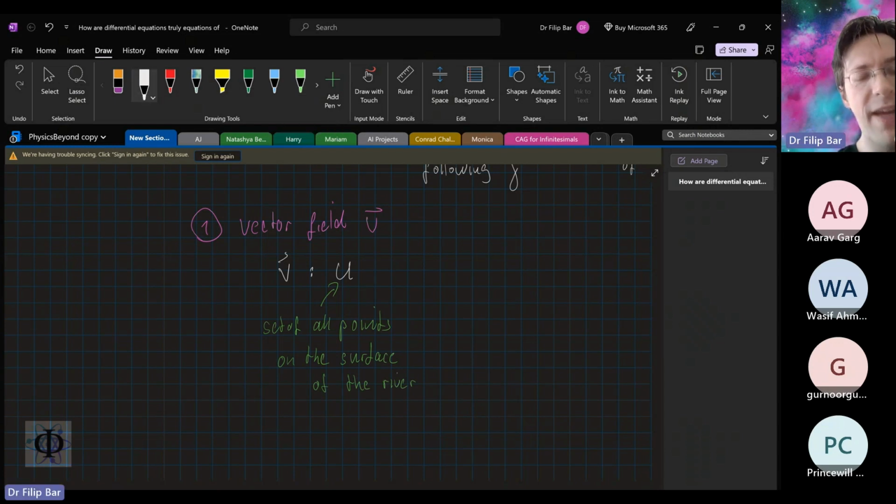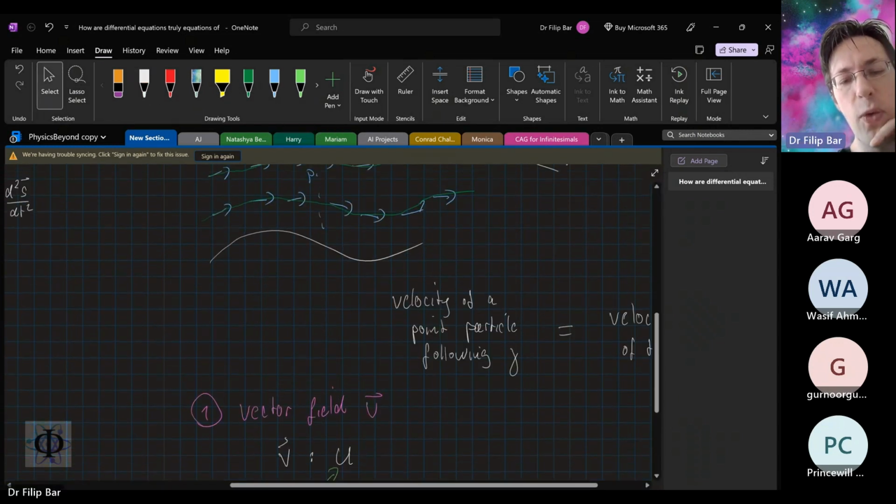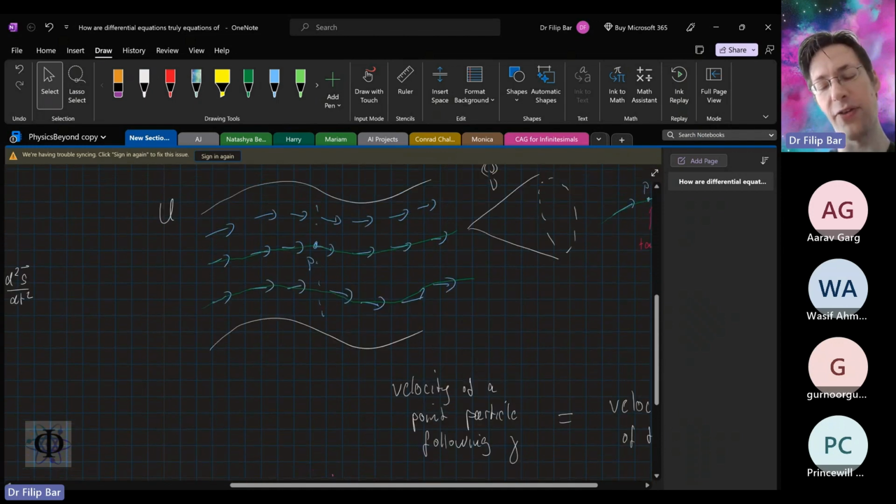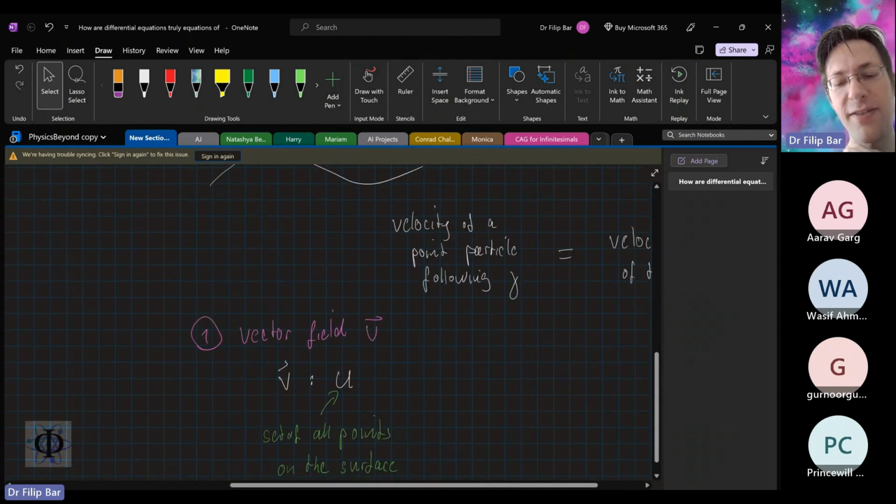And then I need to know what is going to be the so-called codomain. So where does this function take its values?